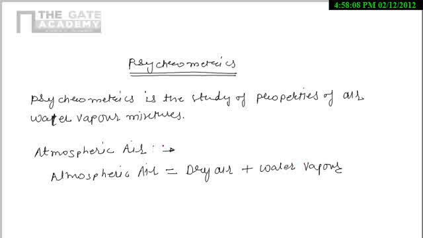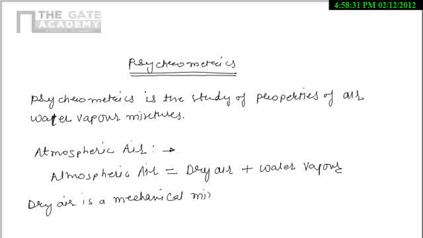The dry air is a combination, or we can say a mechanical mixture, of various kinds of gases. It may be oxygen, nitrogen, carbon dioxide or some other gases.